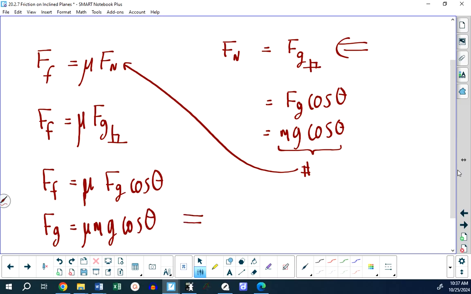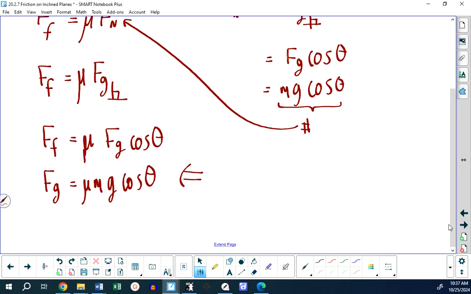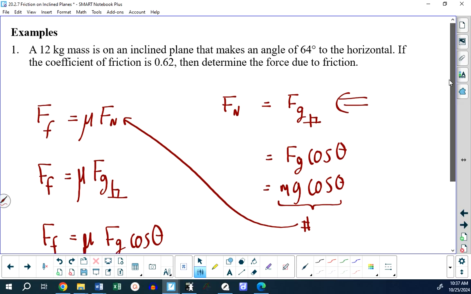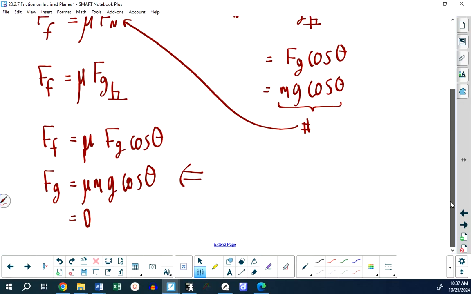And by building a single expression, it's just a matter now of putting the numbers in your calculator. I mean, I'll write them down, but. So this will be 0.62 times, I'm pretty sure I still saw 12 kilograms, times cosine of, I think I saw 64 degrees.